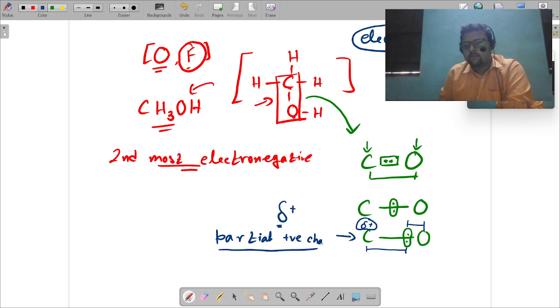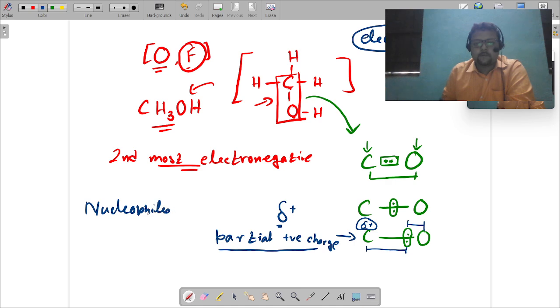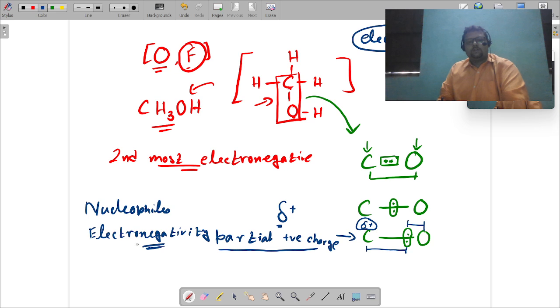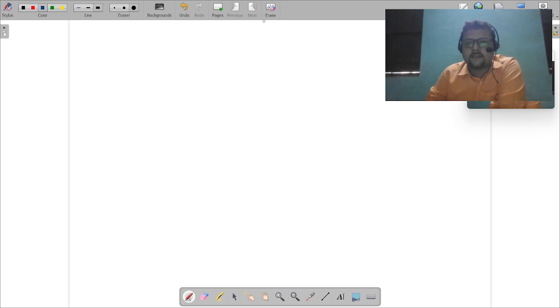So now I hope you guys are clear with the terms nucleophiles and electronegativity. If those things are clear, then let's start to understand how the reaction mechanism of esterification works.